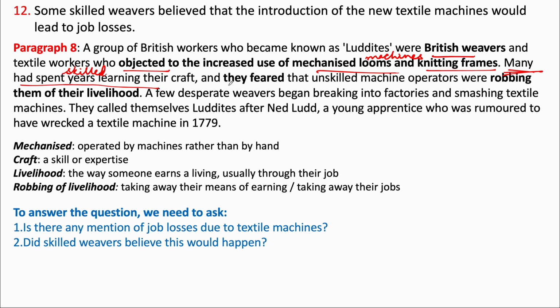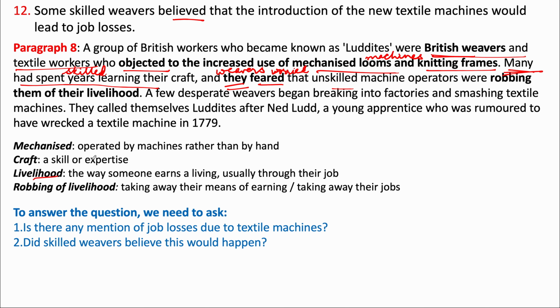And they feared, they here again refers to the British weavers and the textile workers. The weavers feared, or they were worried, or they believed that the machines operated by unskilled people were robbing them of their livelihood.